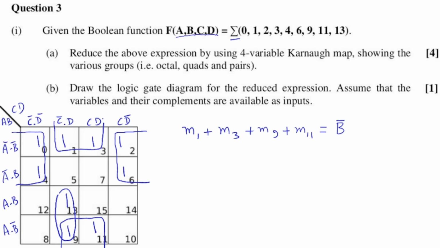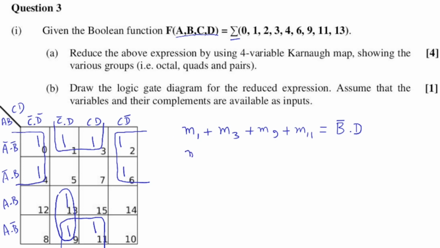Then at the top we'll see what is changing here. C complement is changing to C, D is same. So this will be B complement dot D. The next quad is 0, 4, 2, 6 or 0, 2, 4, 6, whichever way you want to write it.